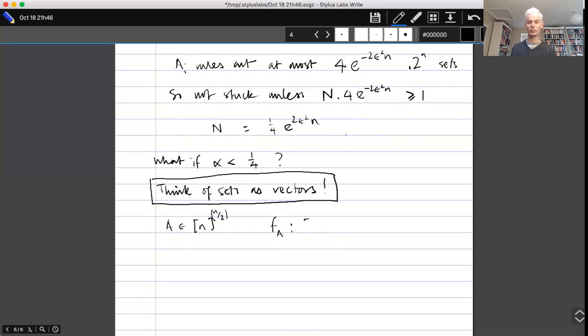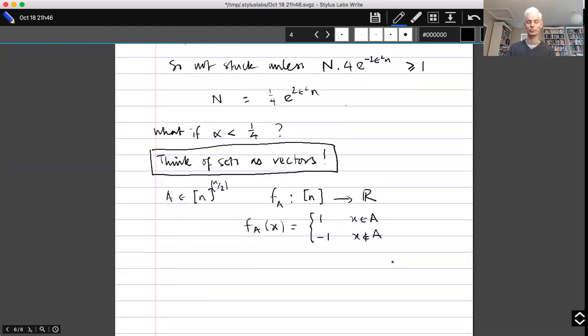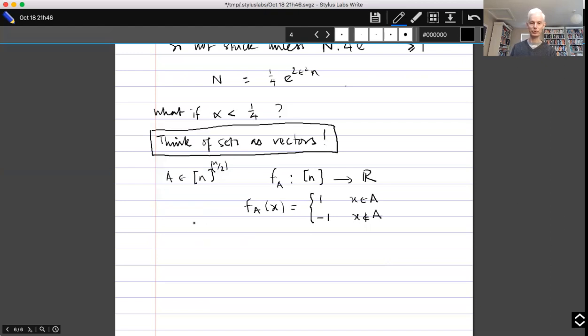So it's going to be from 1 to n to the reals, and f_A of x equals 1 if x is in A, and minus 1 if x is not in A. So not 0. It's closely related to the characteristic function of A, but we'll have it as minus 1 instead of 0 when x is not in A. And the nice thing about this is that it averages 0. I find that convenient.